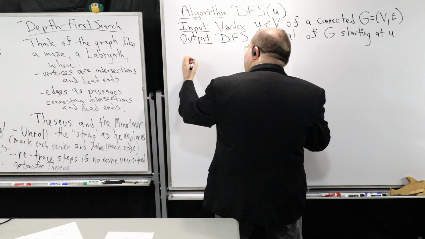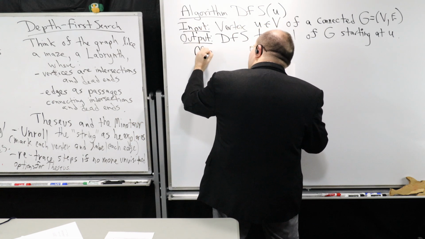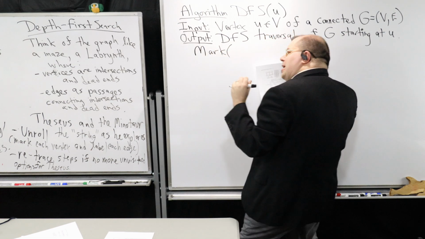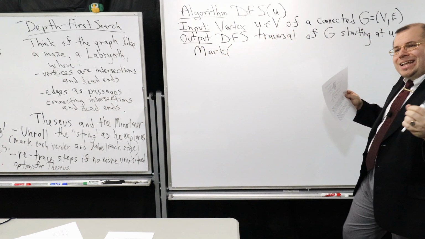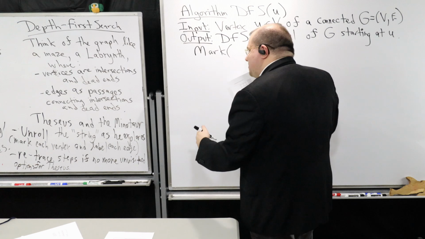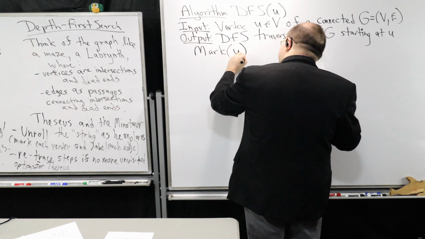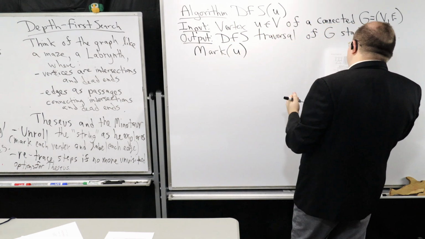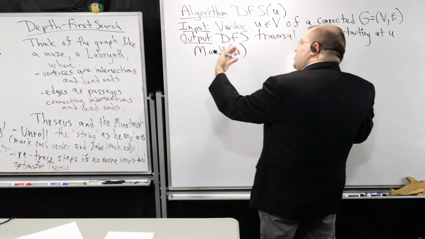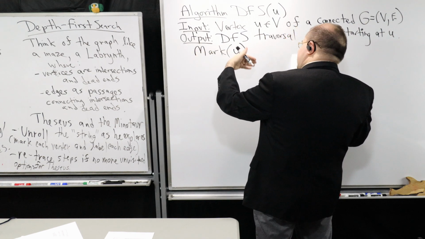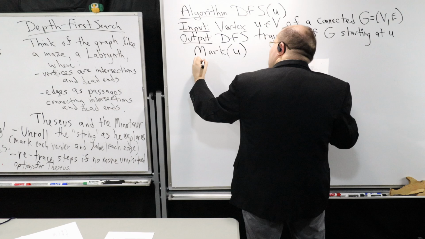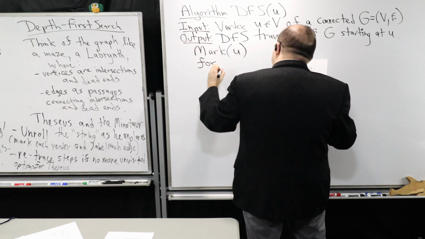So what was the first thing I said? I start by marking. So I'm going to imagine I have some function. I can give it a vertex and it will mark it. I'm going to refer to that as mark, and I give it a vertex. It just marks vertex U. That's the first thing we did every single time, right?